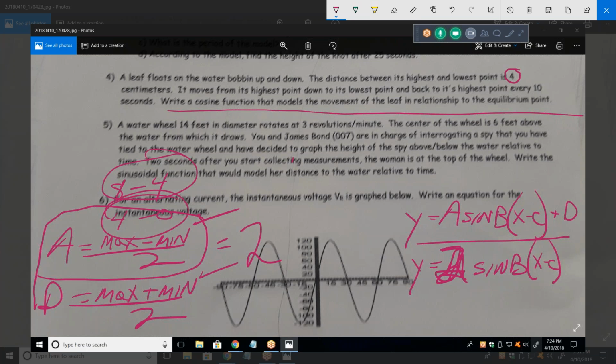So you got a leaf bobbing up and down like this, and the difference between the highest point and the lowest point is 4, right? The leaf is right there.